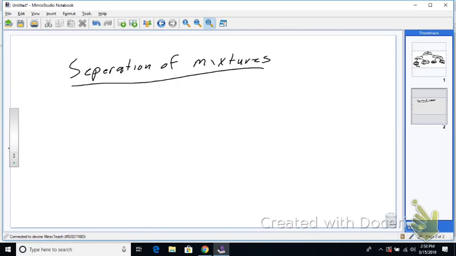What are some of the things listed on page 29? Heating. Okay, so heating would be a process called distillation.